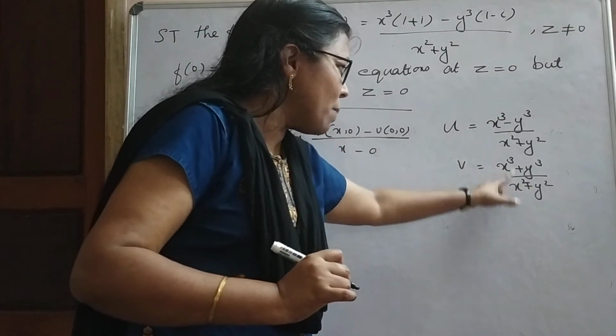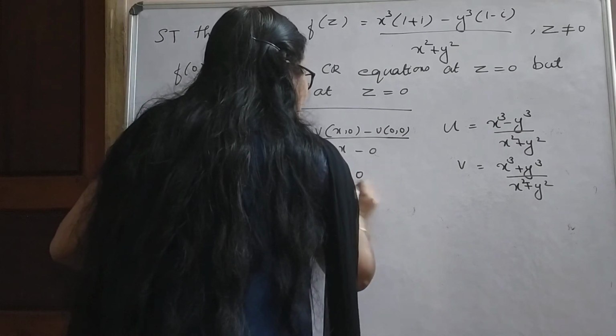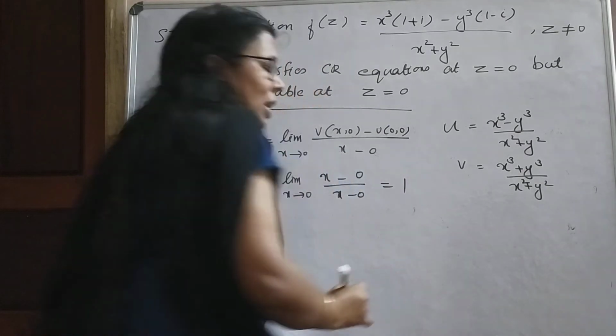Therefore, we get x cube by x square, which is equal to x. Also, v(0, 0) is 0, so x by x minus 0, which is equal to 1.